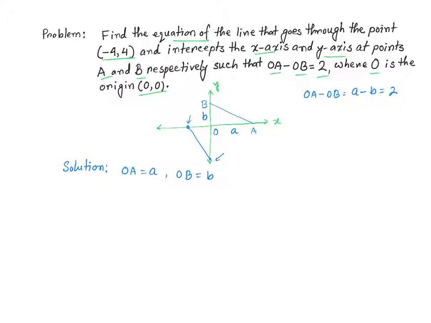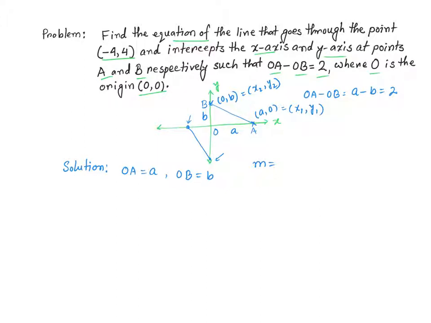Now that we have labeled the points, the line segment OA is equal to a and OB is equal to b, we can find the coordinates of this point, which is going to be (a, 0), and the coordinates of this point, which is going to be (0, b). Now what would be the slope of this line? So m is equal to y2 minus y1 divided by x2 minus x1. I'm just going to assume that this is my (x1, y1) and this is my (x2, y2).